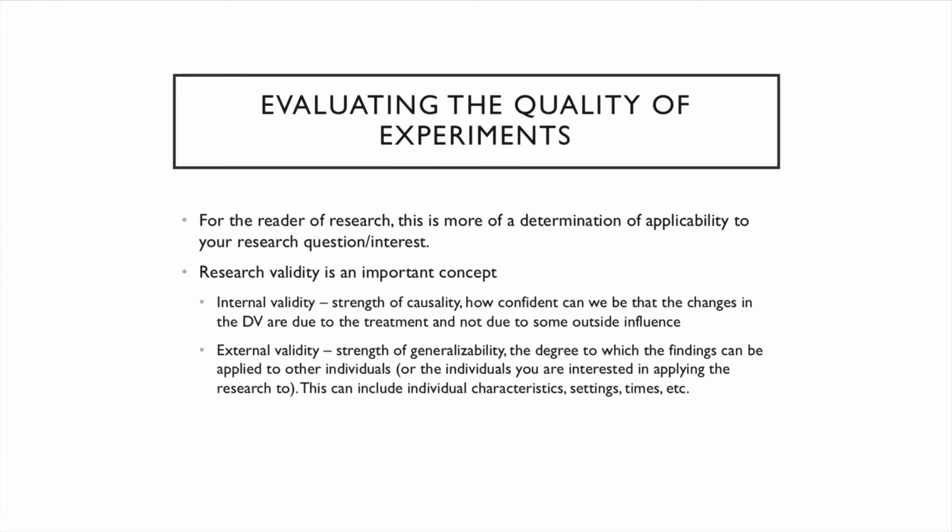We talked about validity and reliability in response to measurement devices and measurement tools, but also when it comes to a study as a whole, there are important concepts related to validity. One of them is internal validity. Internal validity is the strength of causality. How confident can we be that the changes in the dependent variable are due to the treatment and not due to some outside influence?